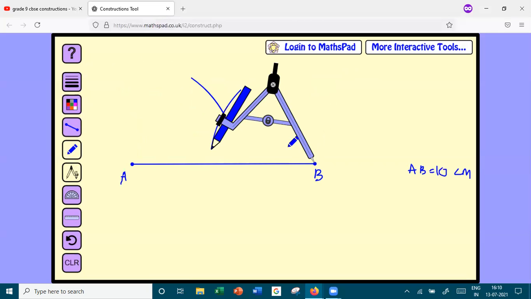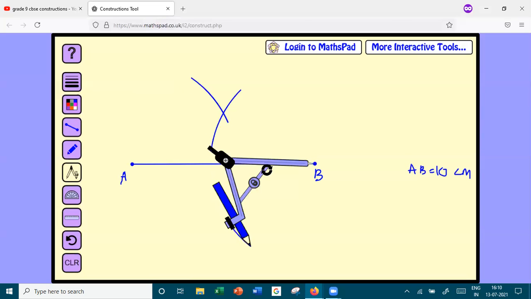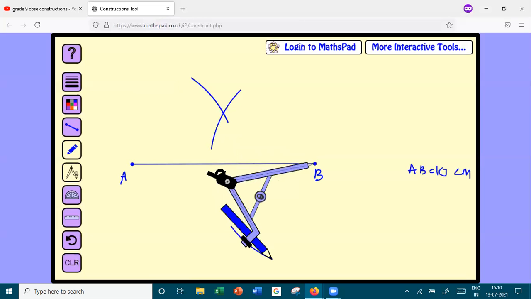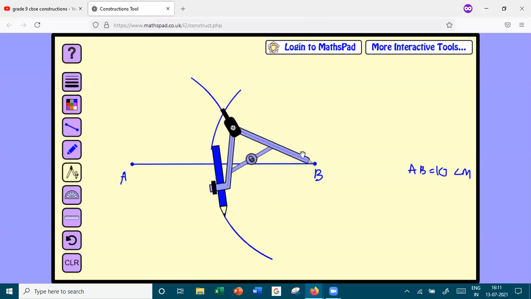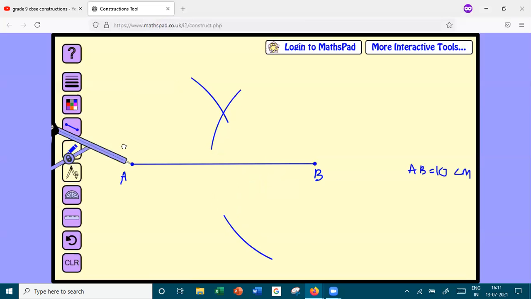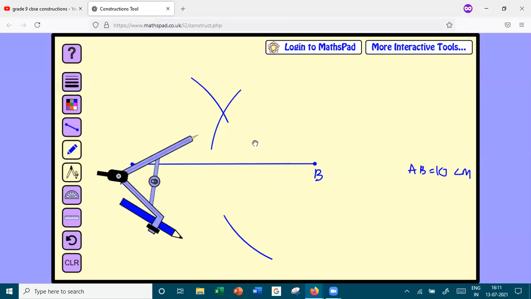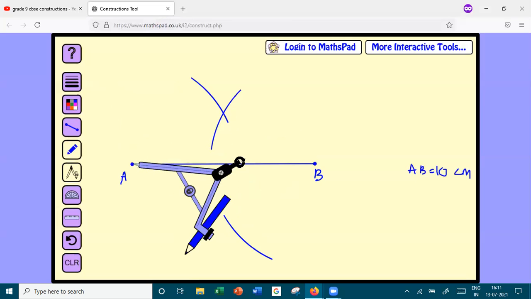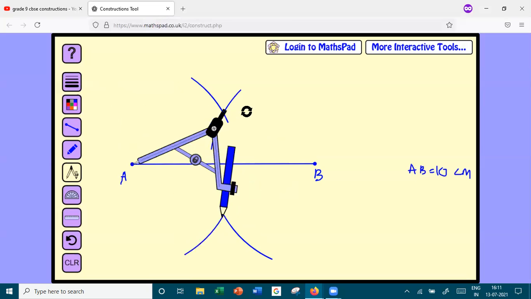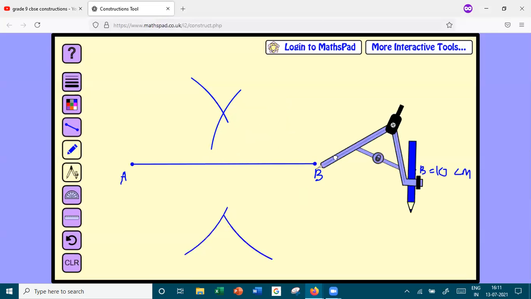And do the same thing down also. I'm going to take this here and make an arc here also. Again, I take it here and I'm done.